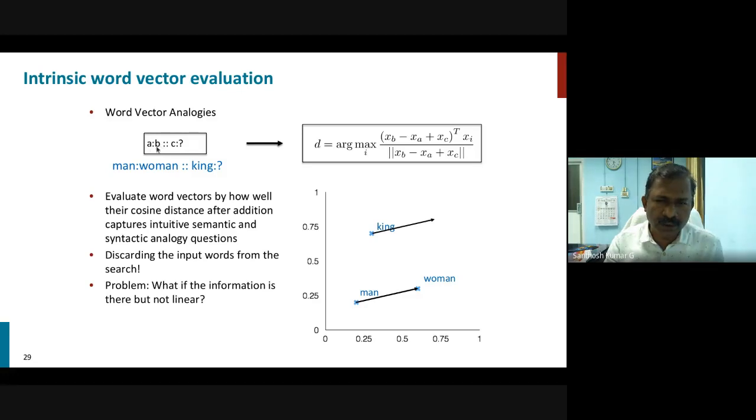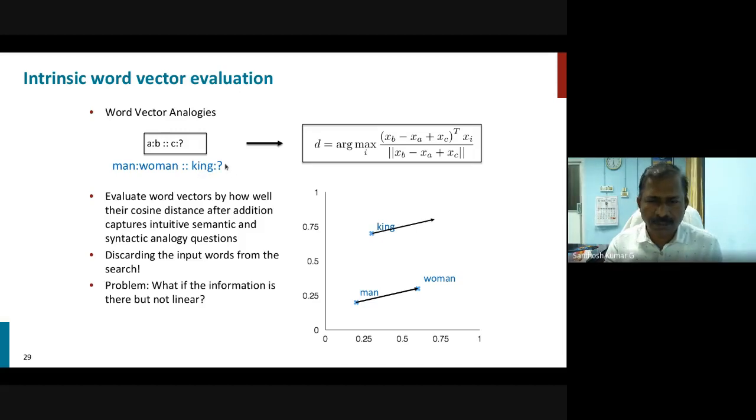So xb represents the word vector representation of the word B. For example, women, and this XA represents man. The difference between these two must be equal to a word that is being offered by the system with respect to king.